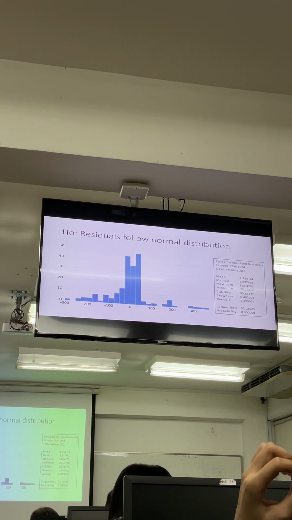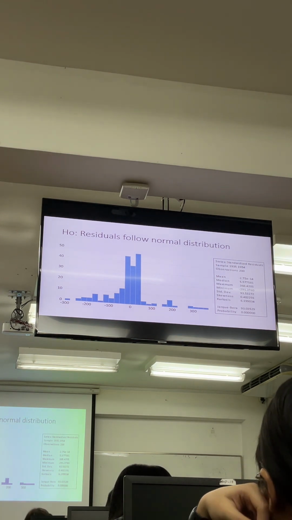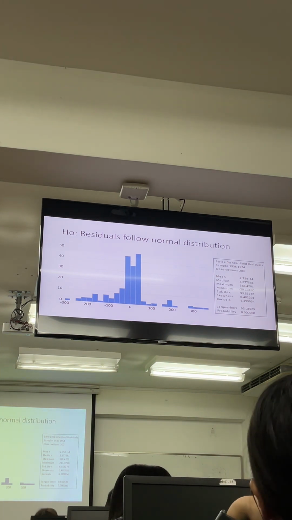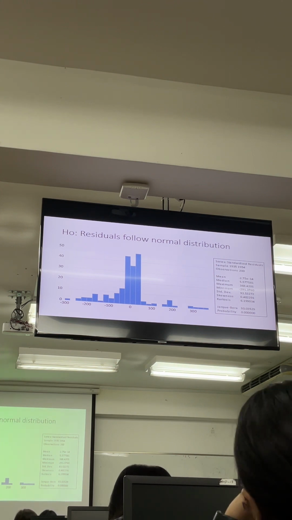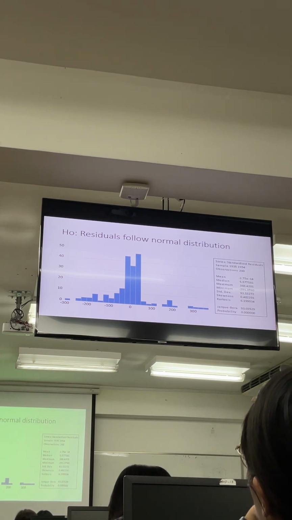But based on today's discussion, my model is actually suffering from cross-dependency. Because the Pesaran CD test in 2004, or Breusch-Pagan test in 1980, also shows that there is cross-dependency evidence in my analysis.